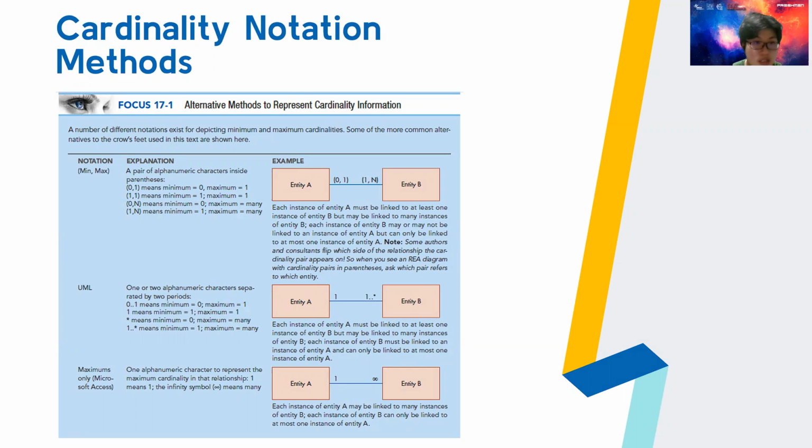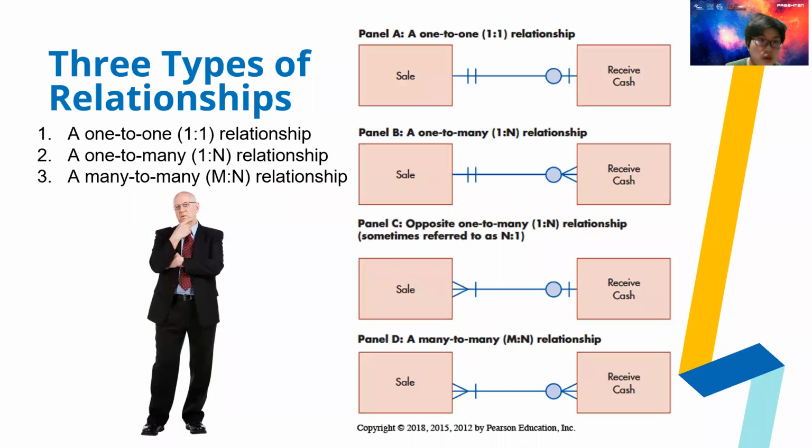Cardinality notation methods. This is an alternative method to represent cardinality information. Three types of relationship: one, a one-to-one relationship; two, a one-to-many relationship; three, a many-to-many relationship.